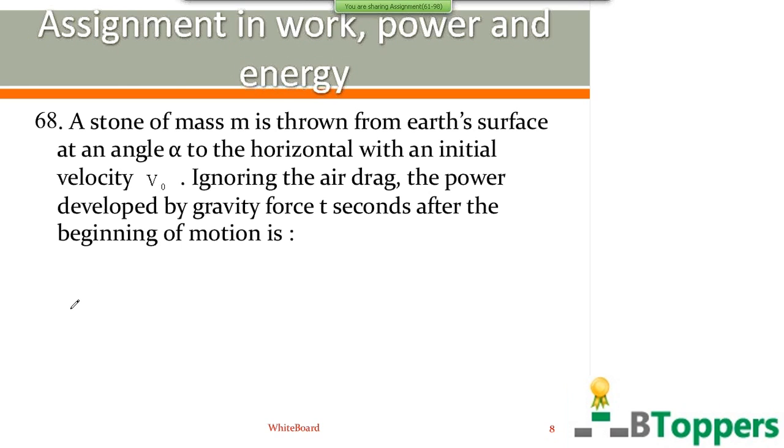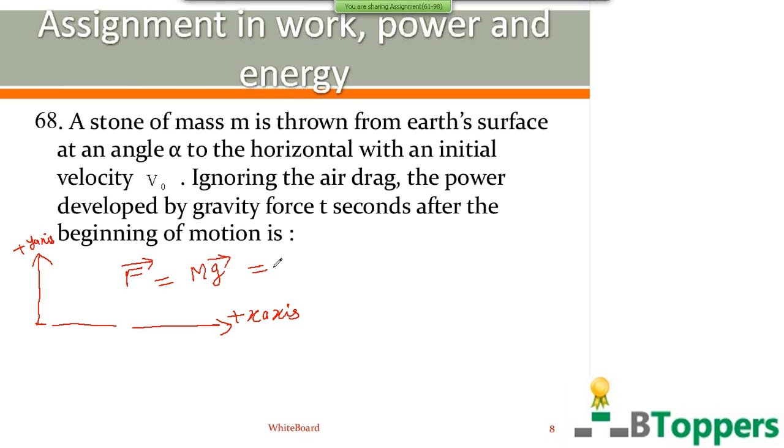So let us choose the direction parallel to the horizontal velocity of the stone as the positive direction of the x-axis and the vertically upward direction as the positive direction of the y-axis. The only force acting on the projectile is its weight, or gravitational force, which you can write as m g bar.